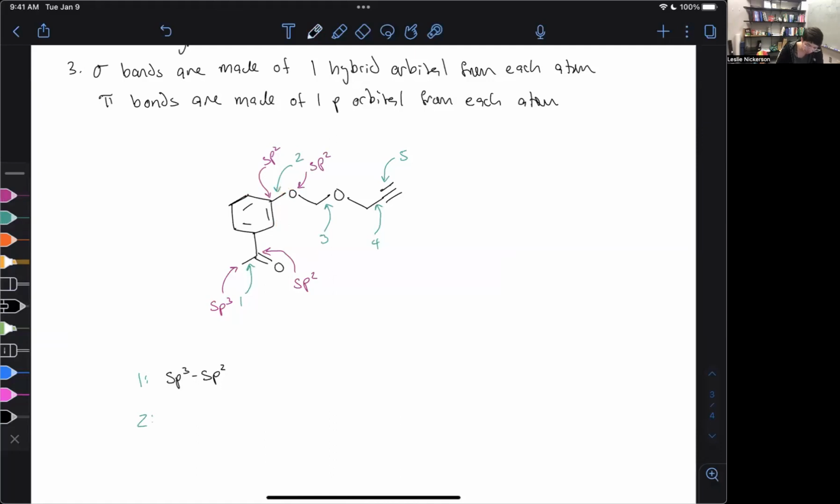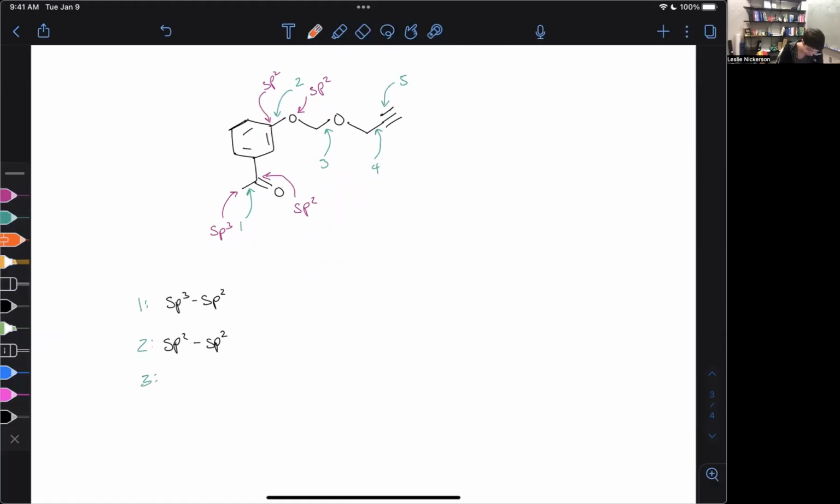So that means for 2, again, I've got a sigma bond here. I've just got a single bond. So that means I've got an sp2 to sp2 bond shown. Okay, what's kind of not shown is that partial pi bond, but in a question like this, just leaving it as the one that I drew out is totally fine.